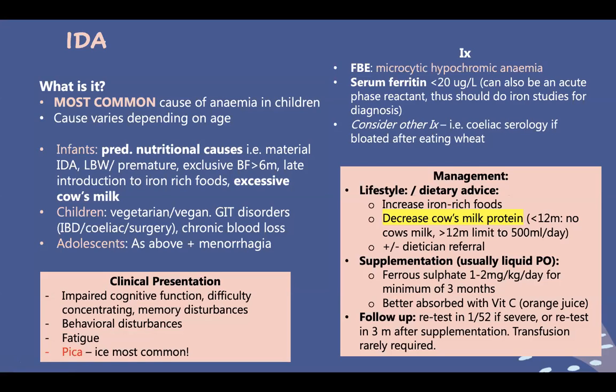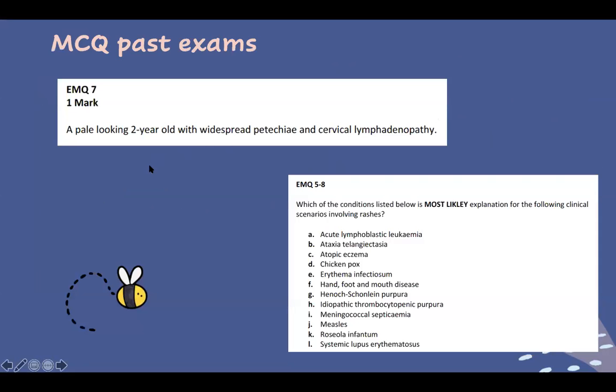Consider dietitian referral, and supplement them with ferrous sulfate. Just like in adults, you promote vitamins. Vitamin C helps you better absorb iron, so obviously you promote that with orange juice, or you give them vitamin C supplementation as well. You retest, usually after 3 months, and rarely you need a transfusion. I'm sorry, I'm going so fast, apologize.